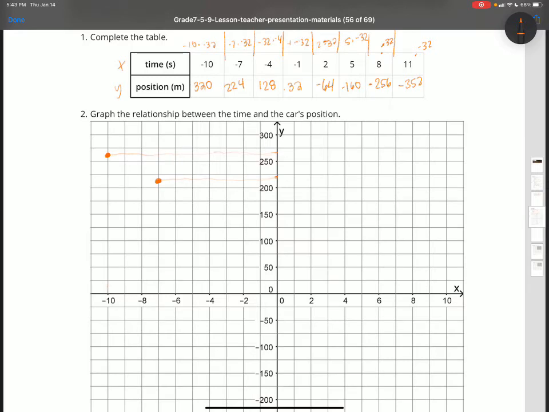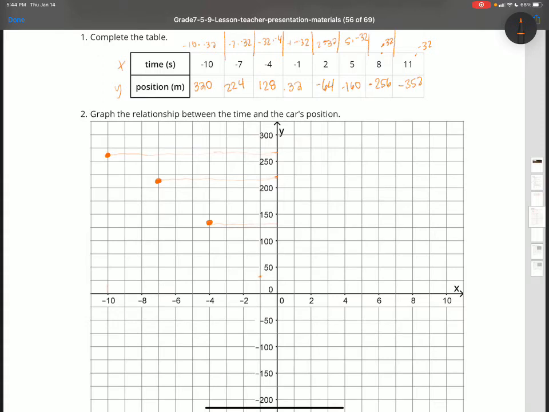Then for negative 4, it gives me 128, which would be a little bit above here, because remember, the number line is going in increments of 25. For negative 1, it is 32, which would be a little bit above here, and these are just estimates.